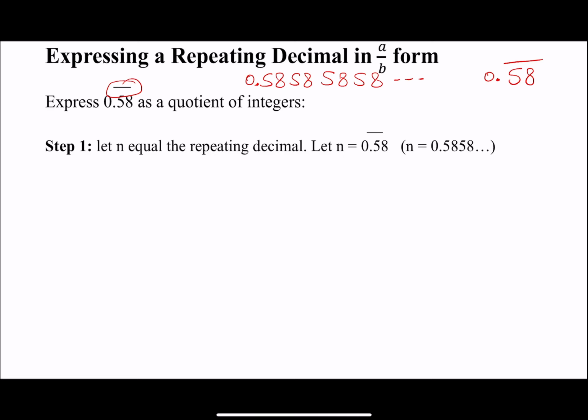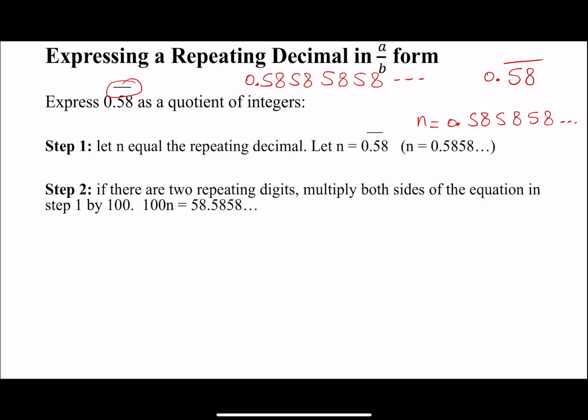Step 1, I call it n. So n is equal to 0.585858, and so on. Now step 2. How many digits are repeating? 2 digits. Because there are 2 repeating digits, I multiply both sides of the equation in step 1 by 100.